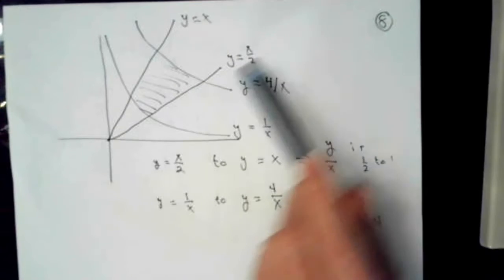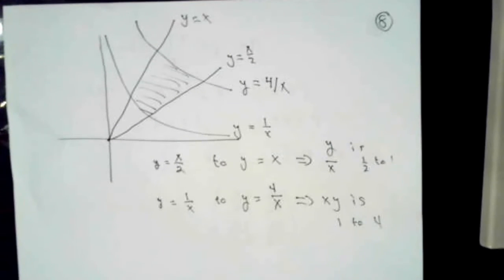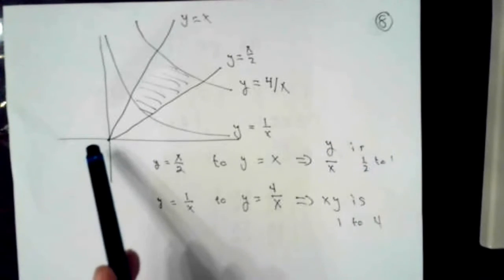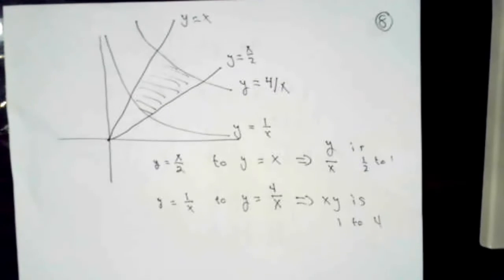I'm going to think about having the straight line y equal x over 2 and the straight line y equal x. The region bounded by these four graphs I'm going to call R, and I'd like to figure out some reasonable way of describing R so that I could do double integrals over it if I wanted to.